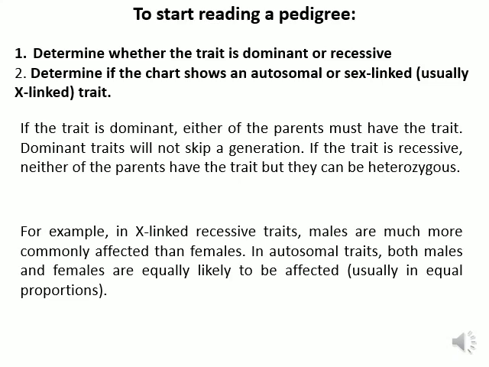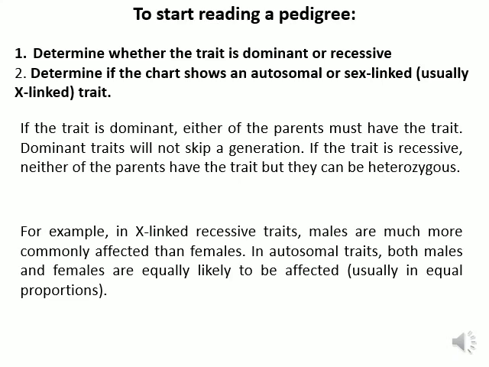If in a pedigree chart either of the parents has the trait, that is, among father and mother anyone has the disease, the trait is dominant, and that specific disorder will not skip a generation. That means in that pedigree chart, not a single generation is devoid of the disorder.